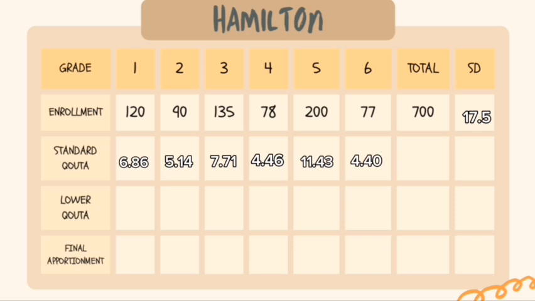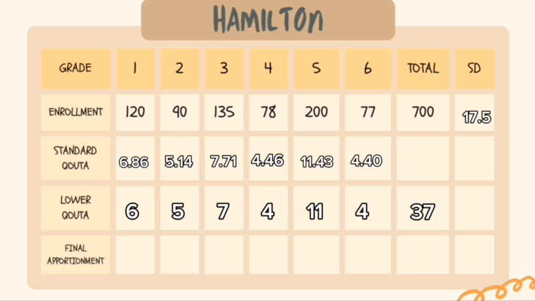Pag sinabing lower quota is magra-round down ka. So, yung 6.86 is magiging 6, then yung 5.14 is 5, 7.71 is 7, then 4.46 is 4, then 11.43 is 11. Last one, 4.40 is magiging 4. Kung ito total mo yung lower quota is mag-i-equal yan siya ng 37.